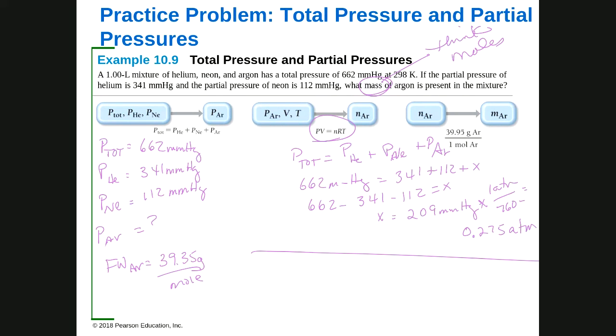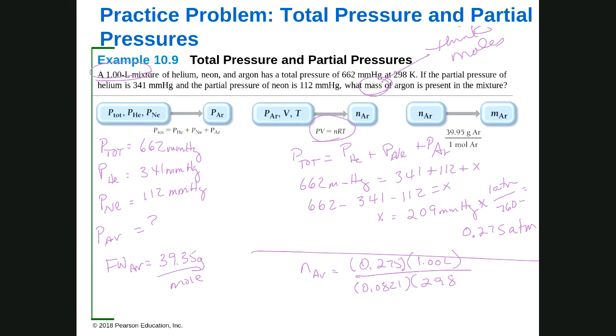All right, and so then I solve for N. N of argon is equal to 0.275 atmospheres times 1 liter, since it told me it was in a 1 liter container, divided by R, 0.0821 liter atmosphere over mole K, times the temperature in Kelvin.